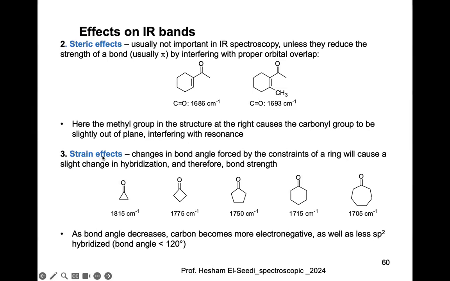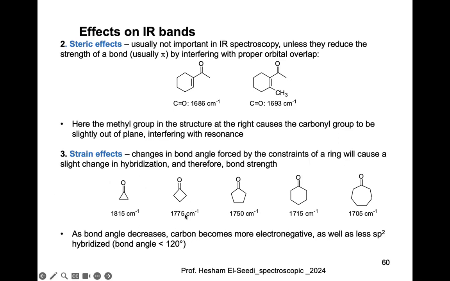What about strain effect like this? This is a strain effect. So changes in bond angle forced by the constraints of the ring will cause a change in hybridization. So this is a carbonyl group at 1815. What about if it is a 4-membered ring?